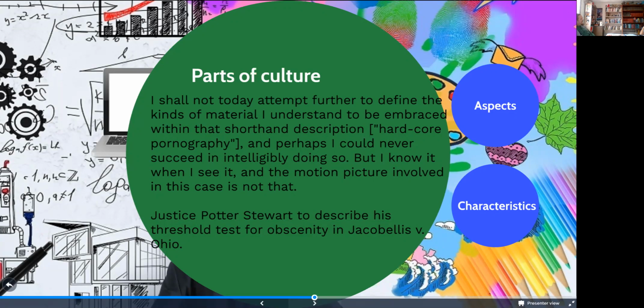And there's kind of something like that with culture. It's hard to define what is culture, but you know it when you see it. And if we go from that, there are some things that when you see culture, you always see these things.